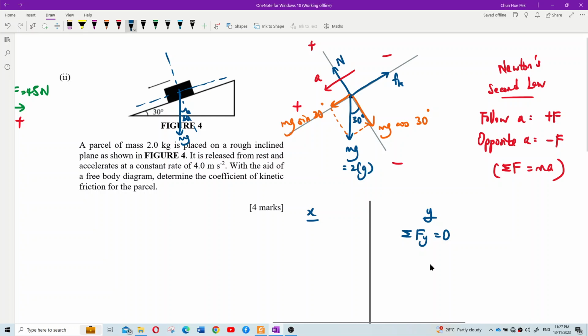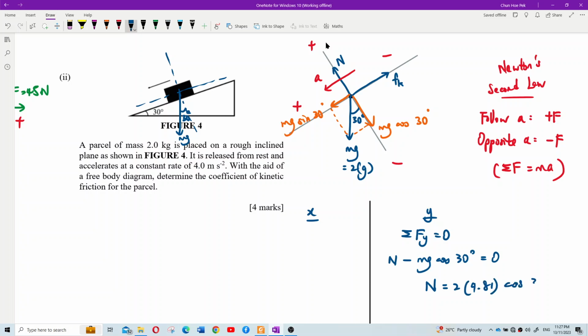So for Fy equal to 0, I can write the normal force minus mg cos 30 equal to 0. So N is equal to m, which is 2 kilogram, times 9.81 cos 30.